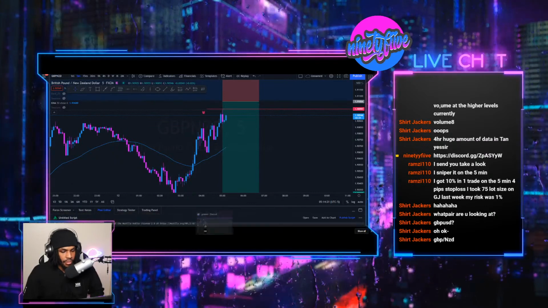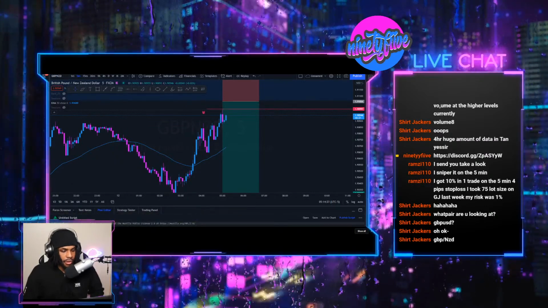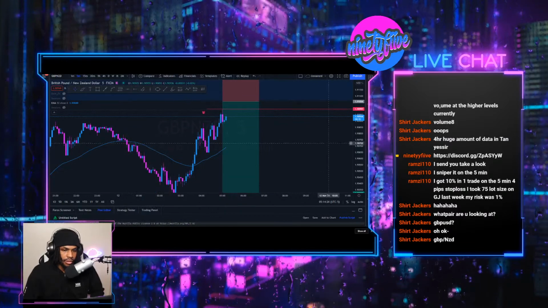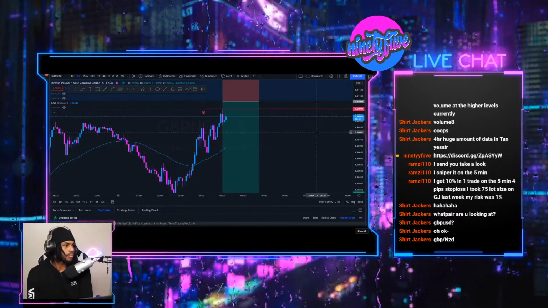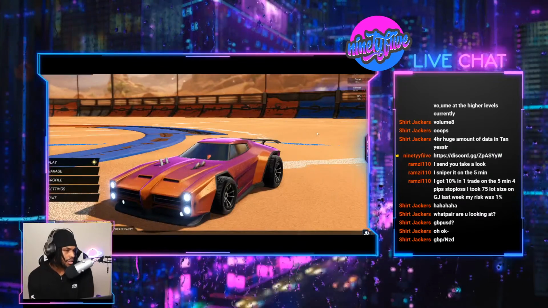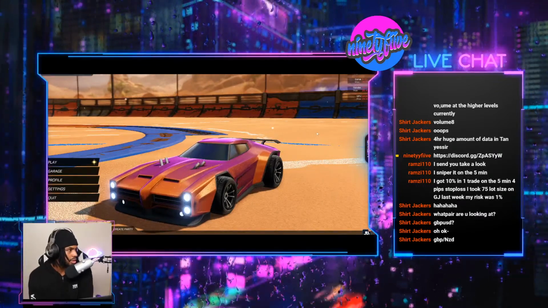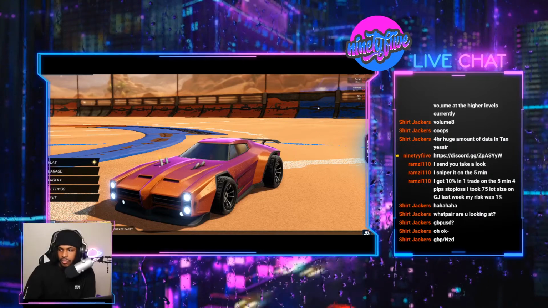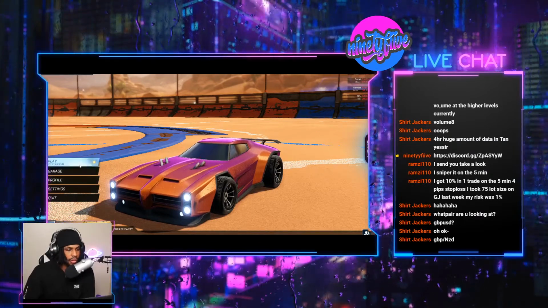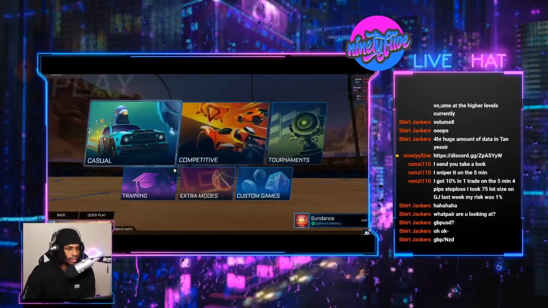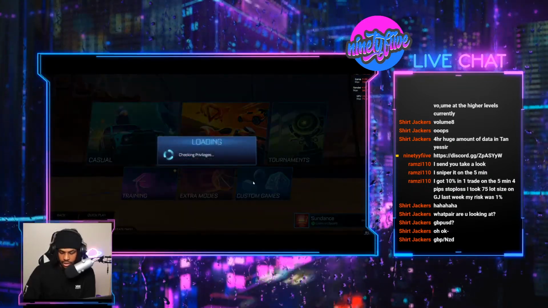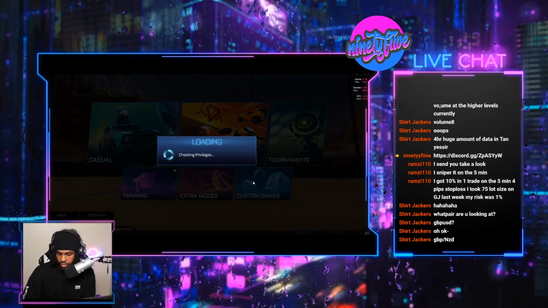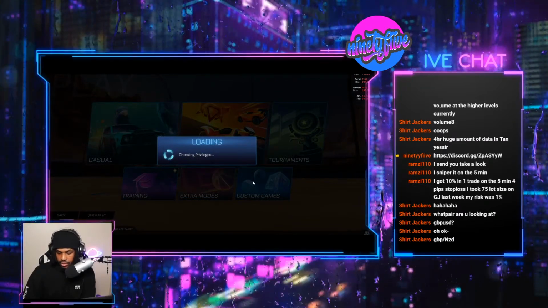I'll pull up Rocket League so I can hop out quickly if the trade does happen. But if you guys would rather see some trading, let me know. I'll mark up some other stuff, but I keep showing the same charts I have marked up right now. So I'm gonna get myself to relax a little bit. I'm gonna kill the lights.